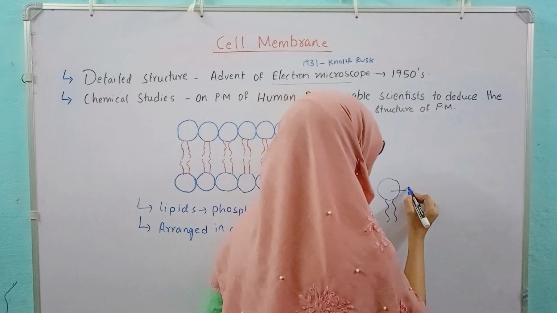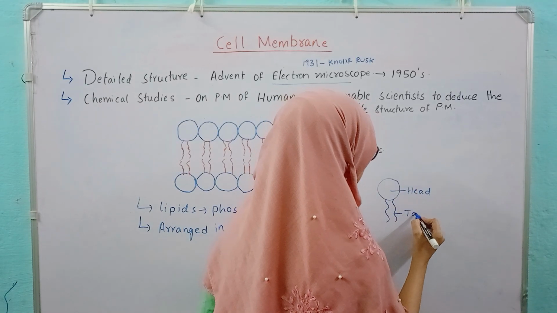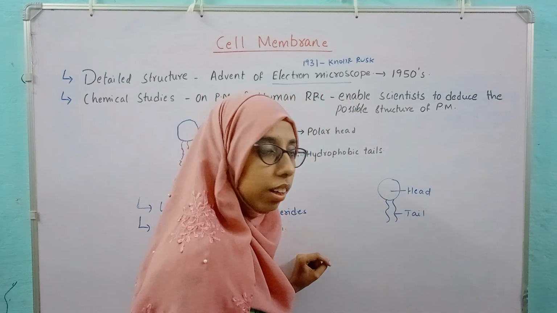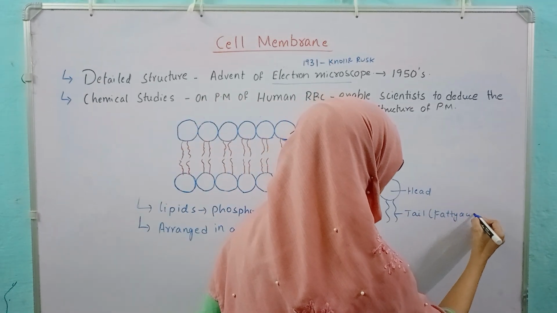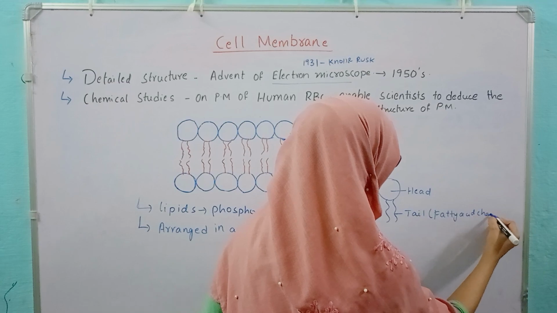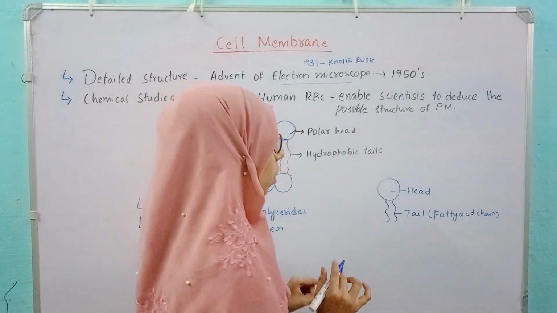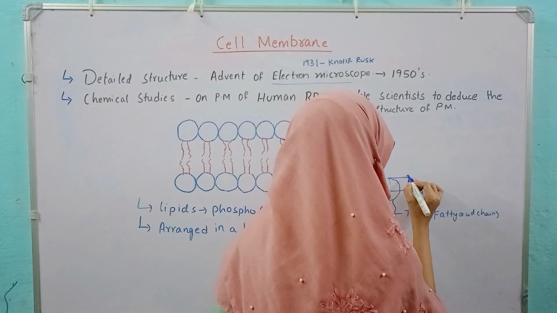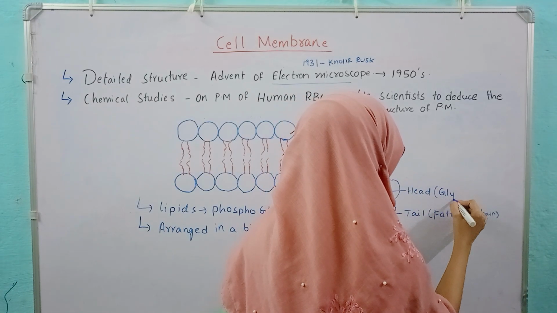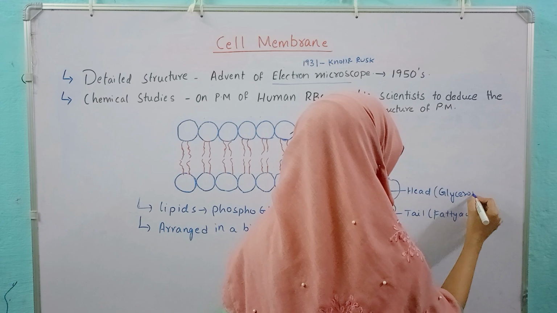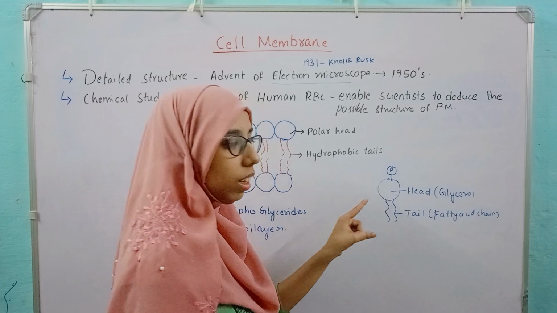This is the head part, and this is the tail. The tail is made up of fatty acid chains. The head is made up of glycerol, and a phosphate group is attached to the head.